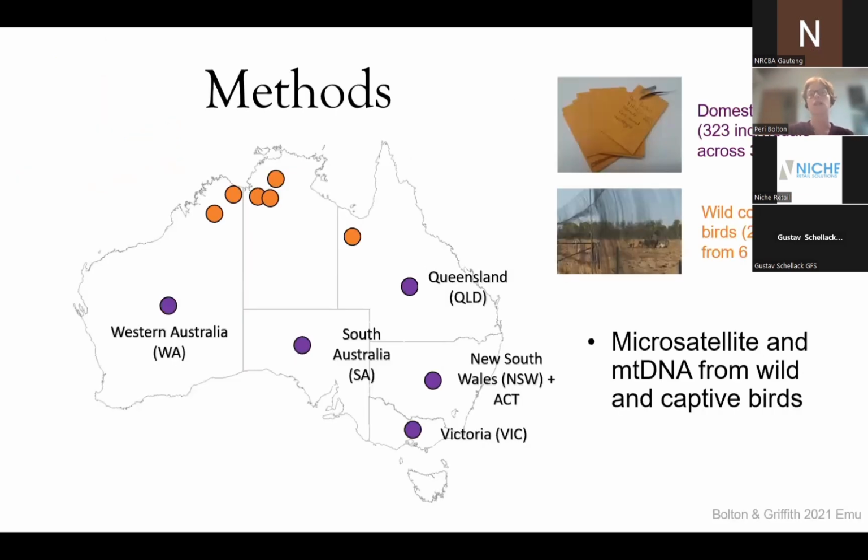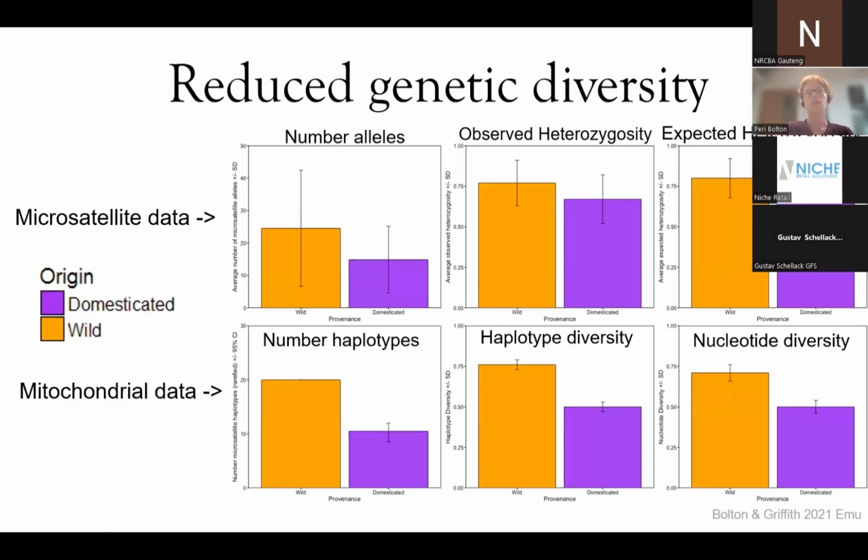Again, we have these wild samples that I talked about before, which we had for my PhD. I followed that up by collecting feather samples from finch breeders from across Australia, and looked at the mitochondrial and nuclear DNA of those. From those, we found there was a 32% reduction in the nuclear genome.